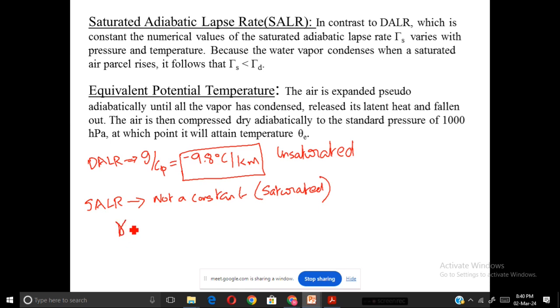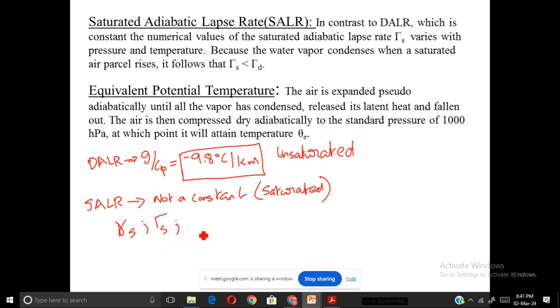The value of the saturated adiabatic lapse rate, gamma s, is not a constant, but it varies with pressure and temperature. Based on the pressure and temperature of the parcel or the atmosphere, the value of the saturated adiabatic lapse rate changes.